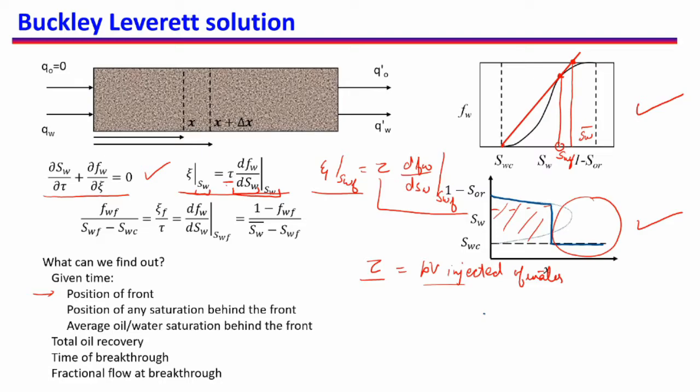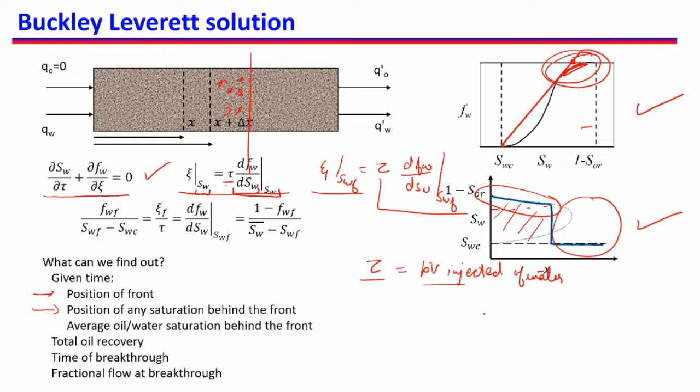So at a given time we can also find the position of any saturation behind the front. We will get only these saturations physically in our system. So if this is the front, here we will see these saturations, and for any of these saturations we can find the position.